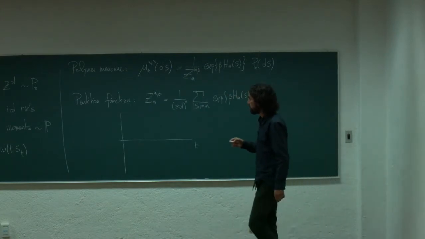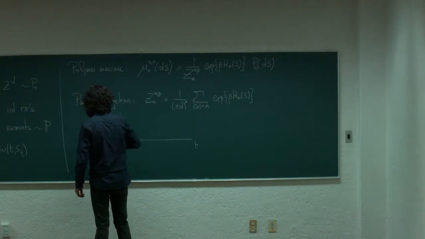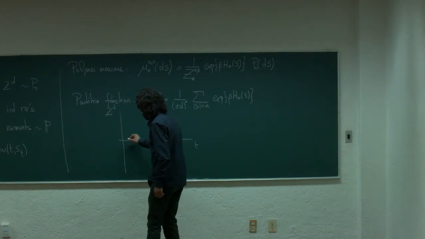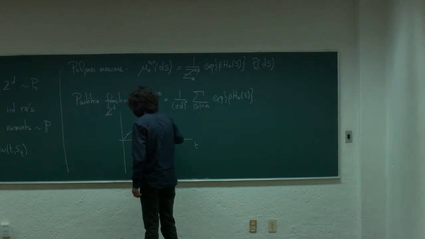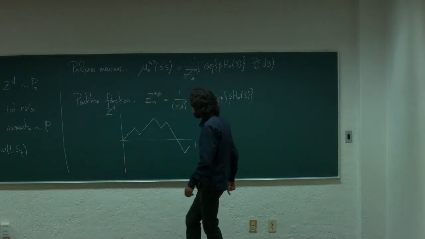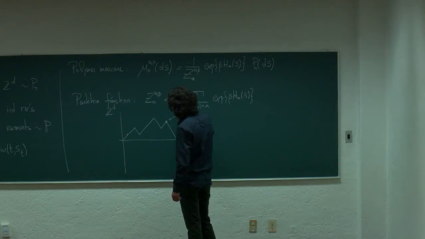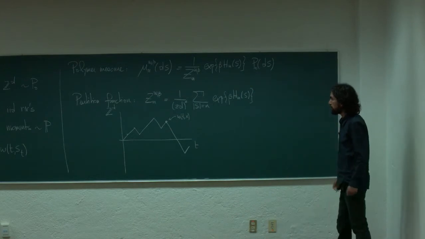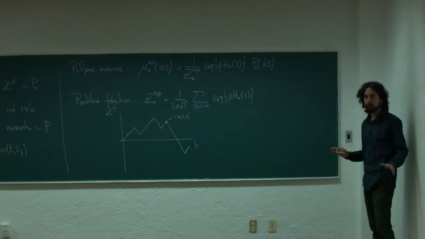The transversal direction will be Z^d. Then the paths will be just these simple random walk paths. And you can think that at each site of the lattice, you attach a random variable omega(t, x). So that's the model. Is it clear?